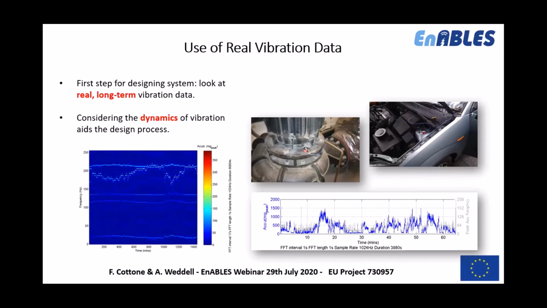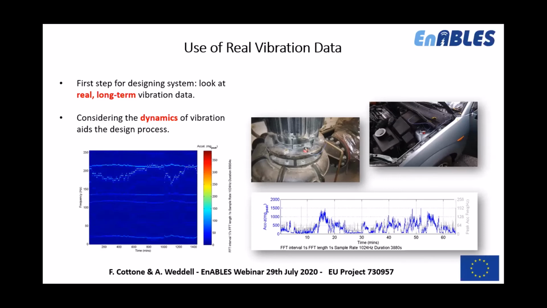So this is an example of where use of a single parameter can land you in hot water. If you designed your harvester just for a single amplitude, a single frequency, the likelihood is that you'd be harvesting nothing for most of the time. Similarly, on a vehicle, and I'll say a bit more about the collection of data from vehicles in a moment, we've looked at long-term data for a typical commute.